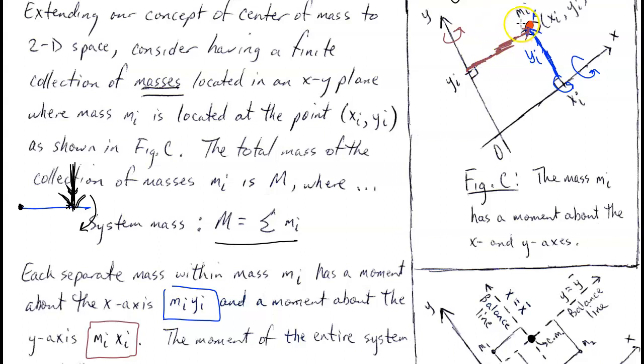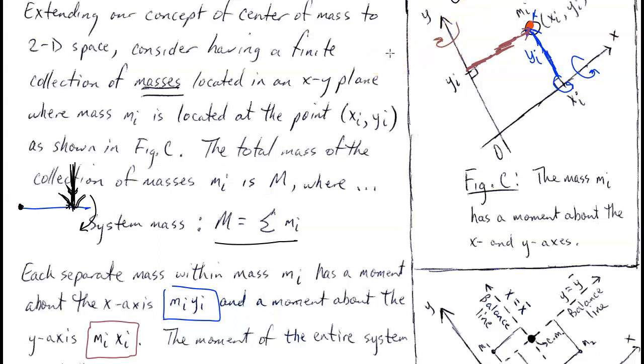And again, my mass m sub i would be working to come out of the page to rotate. But actually, I have this drawn the wrong way. Let me fix this. And so this would rotate about the y-axis this way, okay? It could be the other way, but just to keep it general convention, I'm going to have it spin clockwise here, okay?